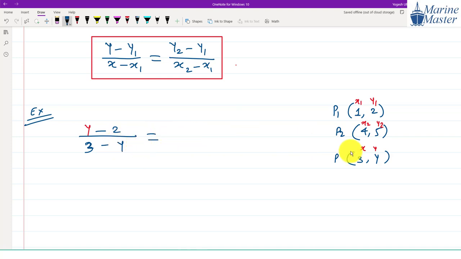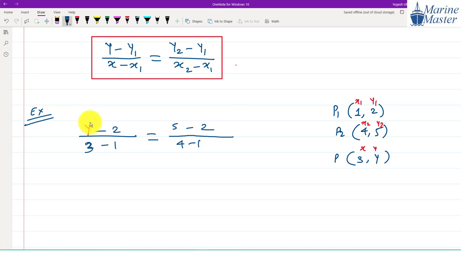What I am writing: x minus x1, 3 minus 1, and then at the end y2 minus y1, so 5 minus 2, and x2 minus x1, 4 minus 1.